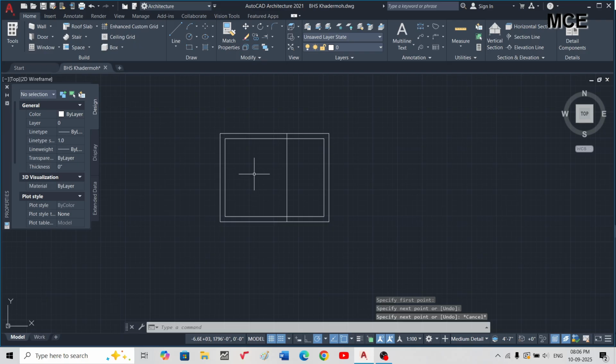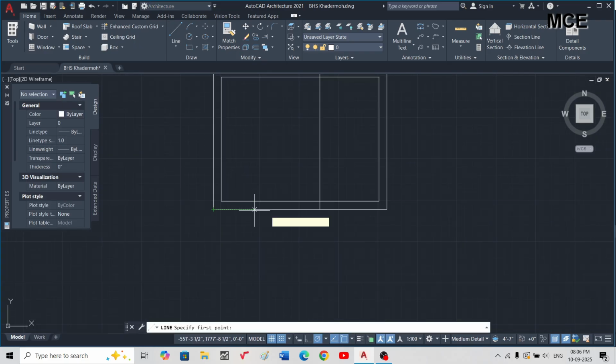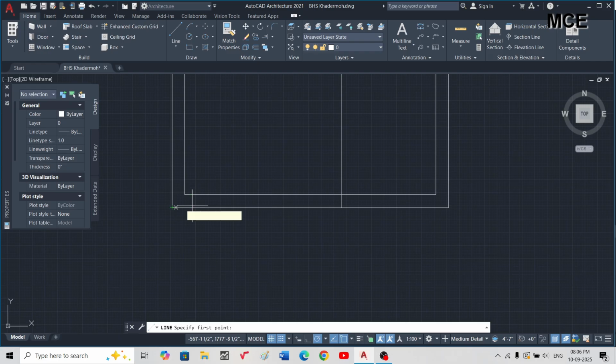Similarly, from this side you will also place a line at 17 feet, that is half of the smaller side of the truss.